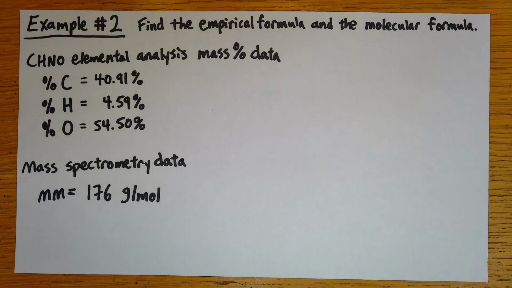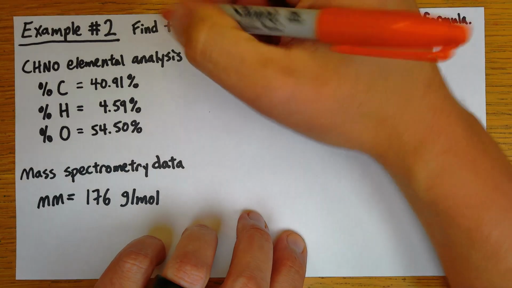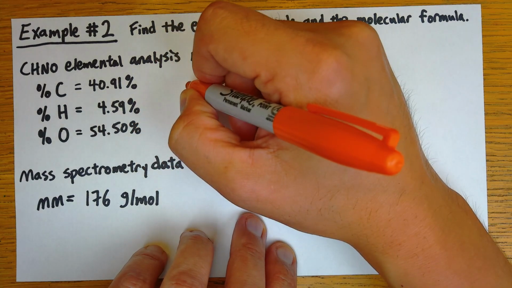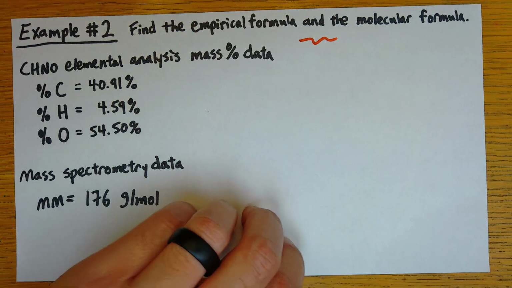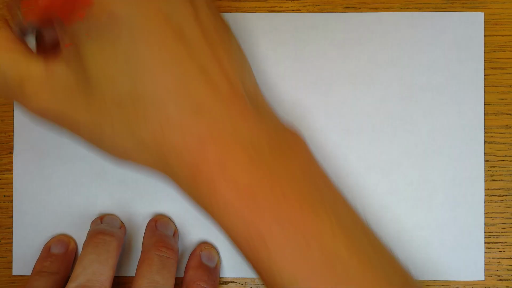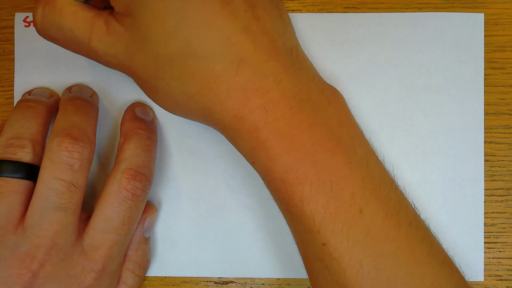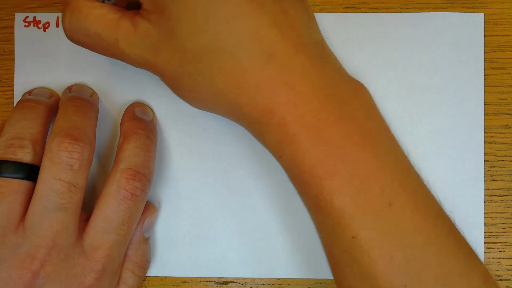All right, so let's do this. Let's see, will orange work today? Yeah, that's good. Okay. So let me get some paper. Hang on. So step 1. Percents into grams.